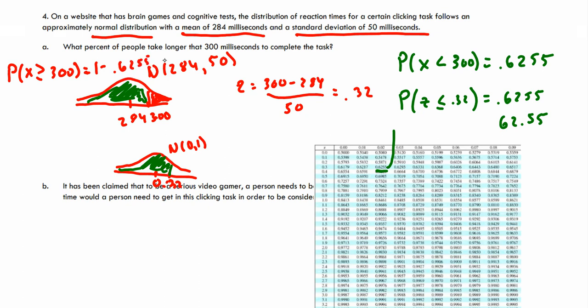That gives us our final determination of the true value. This percent is going to be 0.3745, which is 37.45%. And that is how we answer the problem.